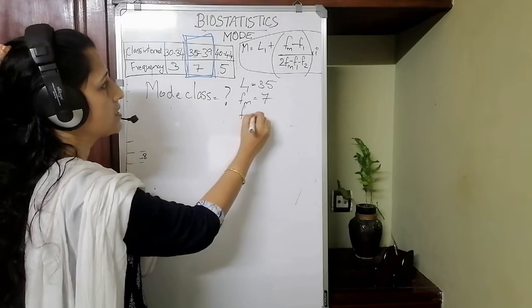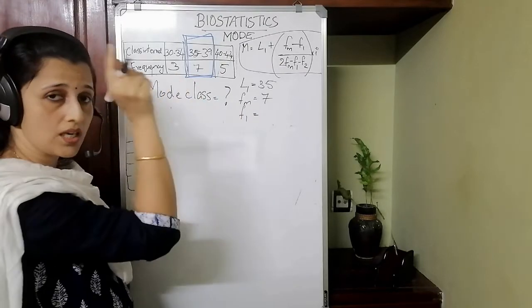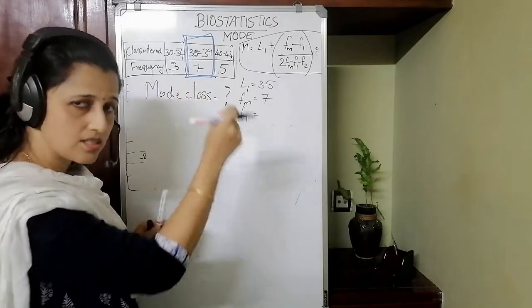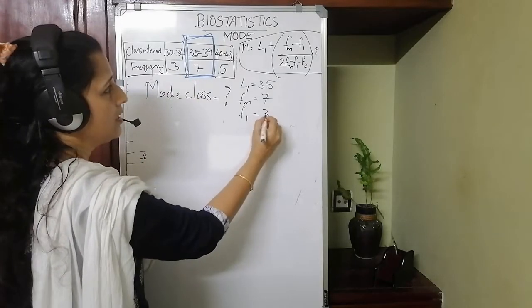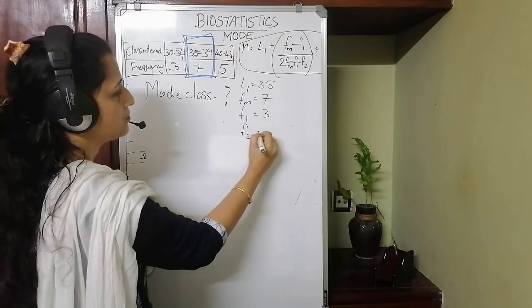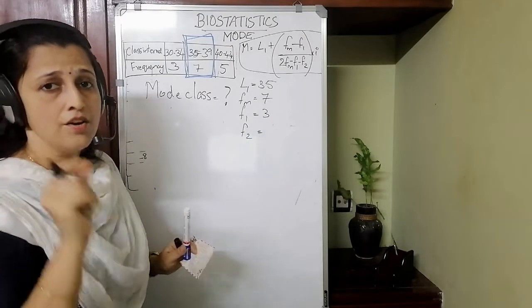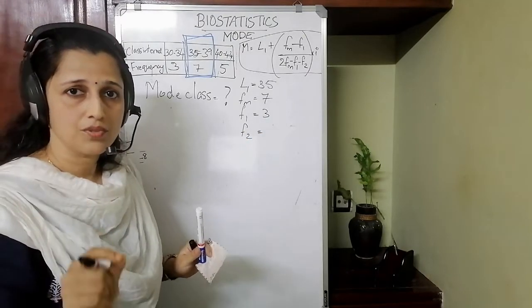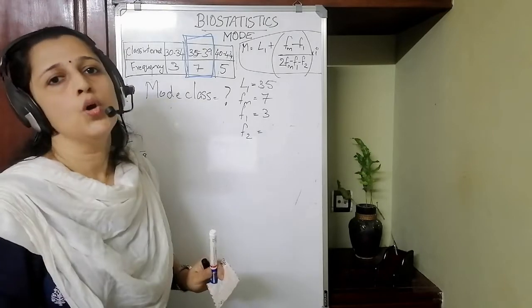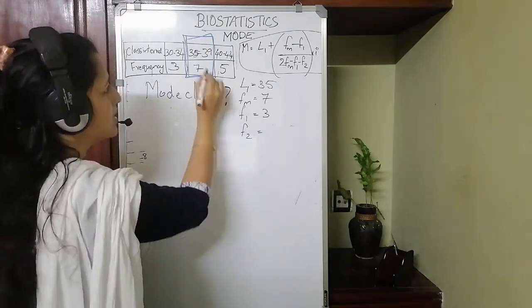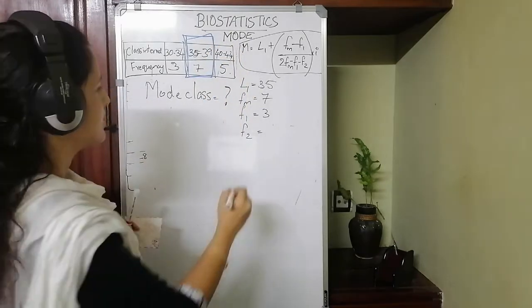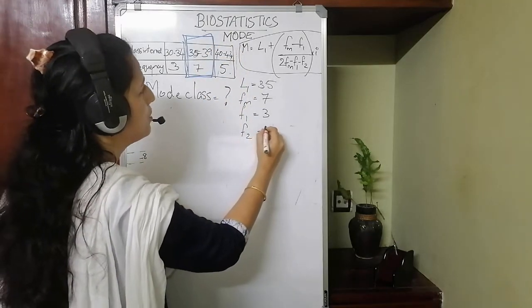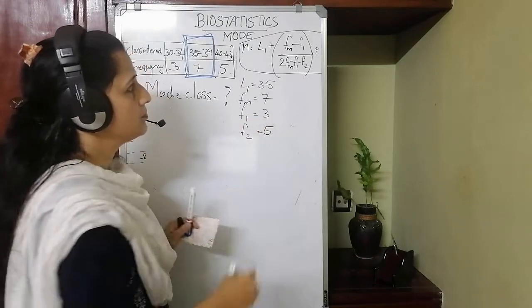So F1 is the frequency of the class just before the mode class, so F1 is equal to 3. Now F2 is the frequency of the class which comes just after the mode class, that is 40 to 44. That is, F2 is equal to 5.